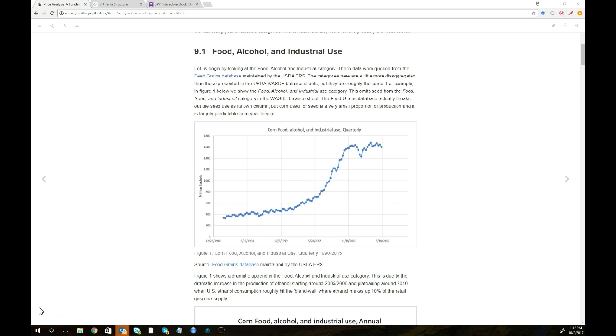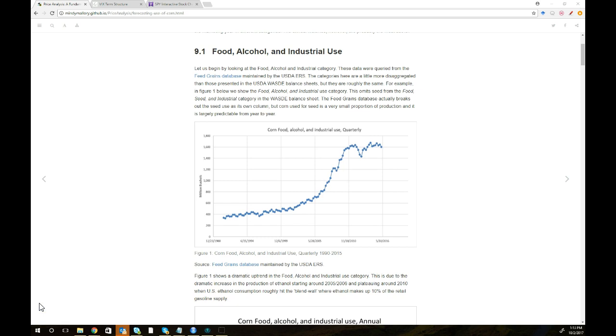So you can see over the years from 2005 to 2010, we were ramping up to that level, and we've been pretty flat on ethanol production since around that time, and that's why you see this category sort of start to plateau around that time.